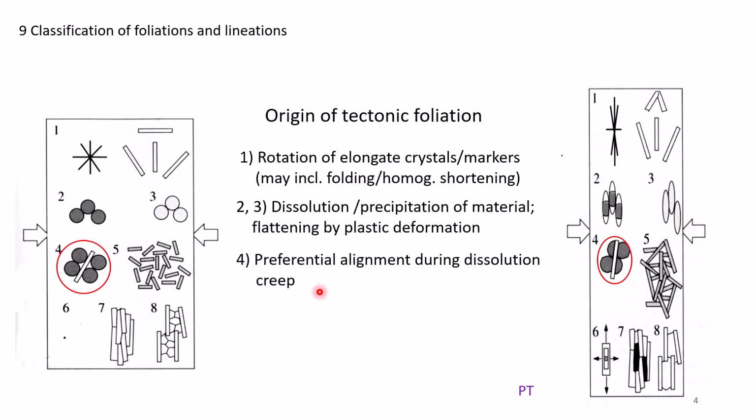Example 4 is a kind of variation of the two previous examples. We see here a rock that consists of a variety of mineral species, and we can see that some of these mineral species are prone to dissolution.